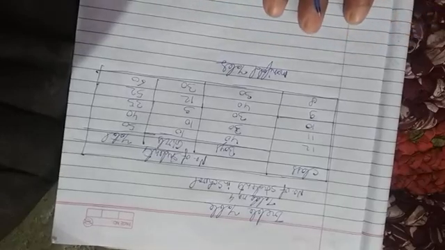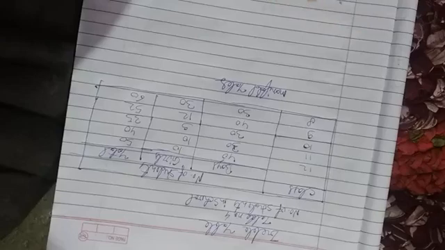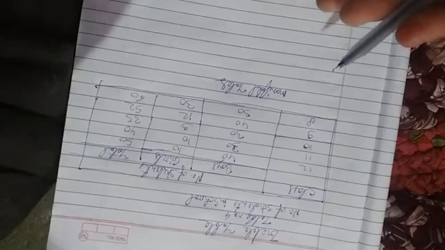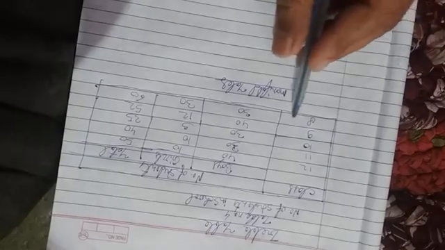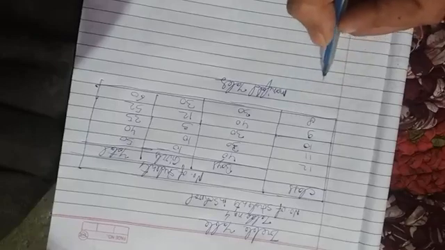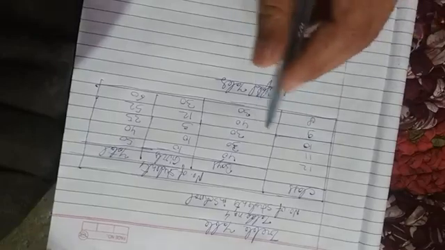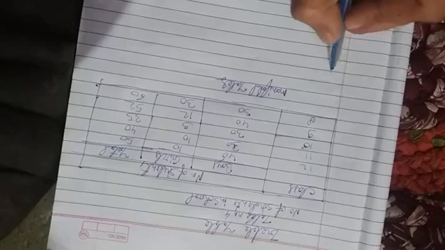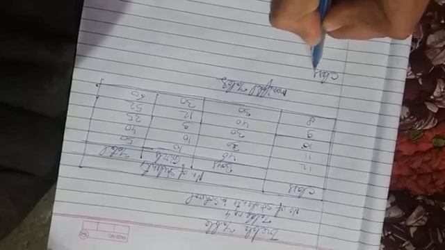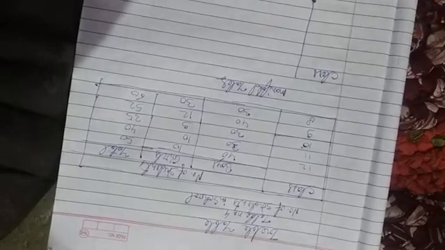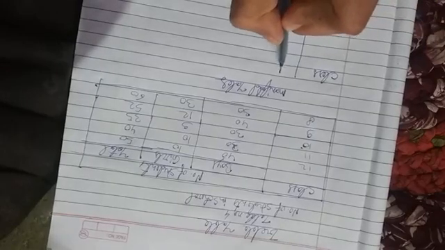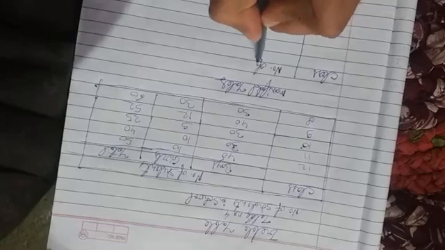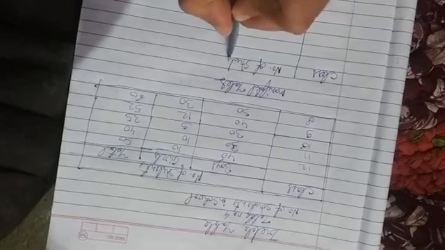Manifold tables can be divided into more than 3 columns, or in many folds. If we divide this data into a manifold table, what we do: class, number of students.